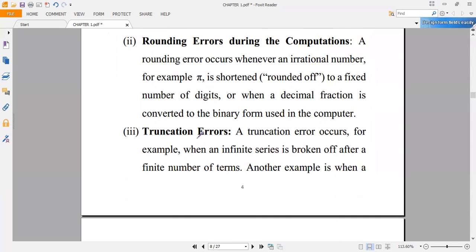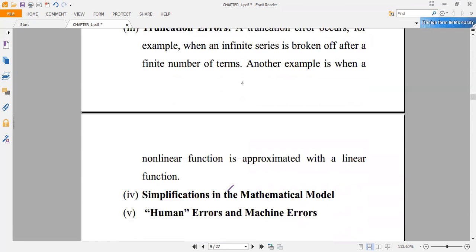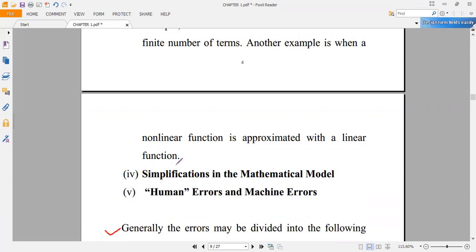The other one is truncation error. Truncation error occurs, for example, when an infinite series is broken off to finite terms, and when a nonlinear function is approximated with a linear one, so we produce an error. The fourth source of error is simplifications in mathematical models.